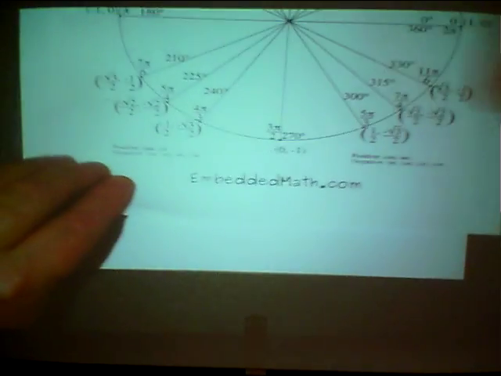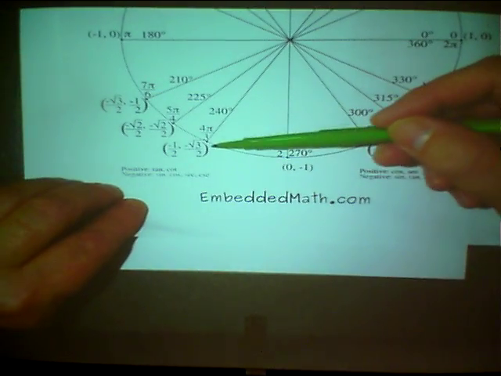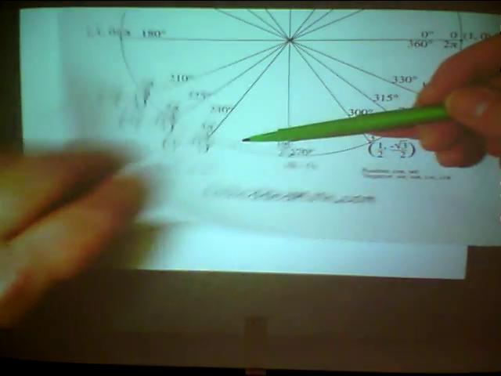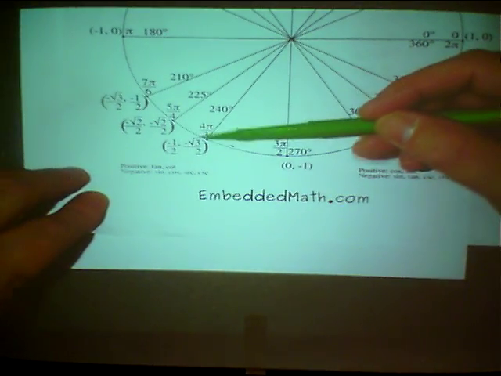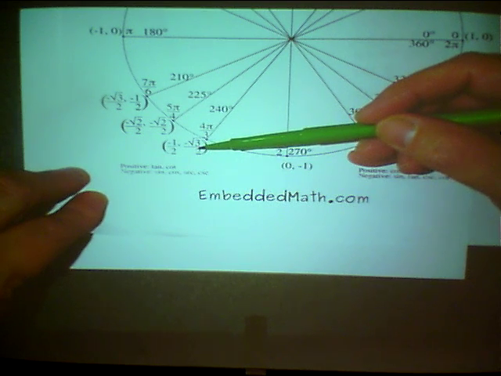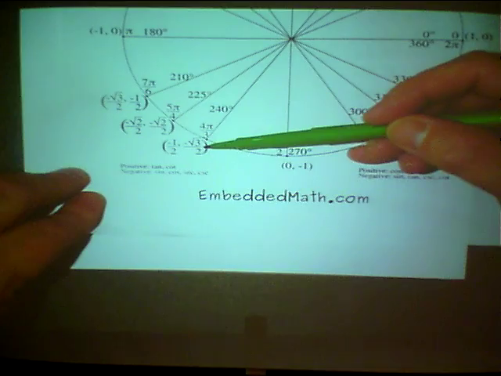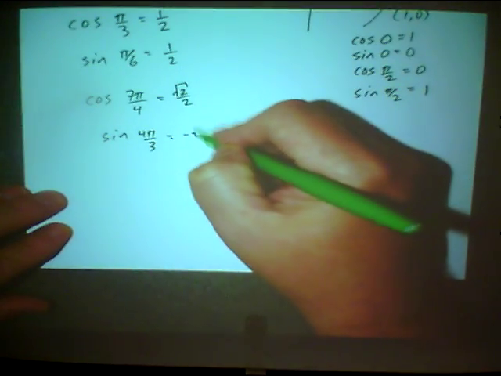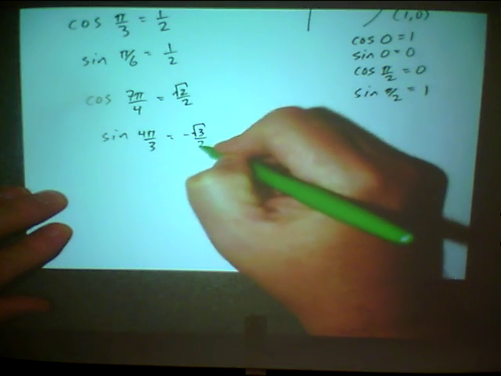So I go here, and look, 4π/3 is down here in my third quadrant. And since I'm asking for the sine, I'm looking at the y value. I know the third quadrant, y value is negative. So the sine is negative square root of 3 over 2.